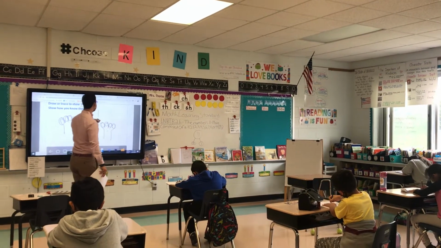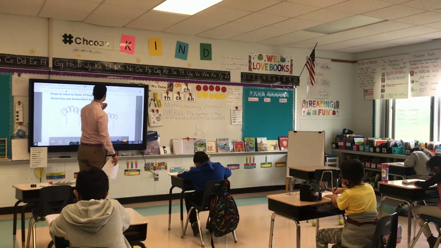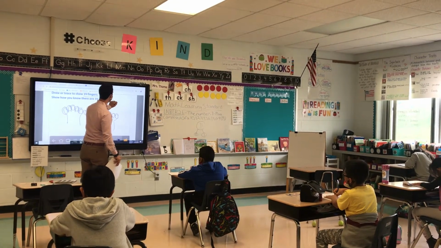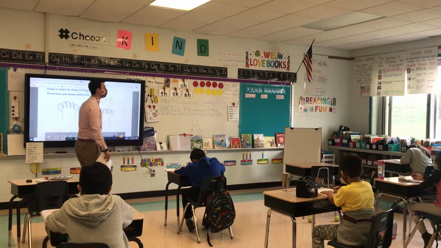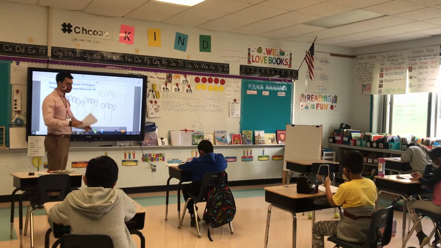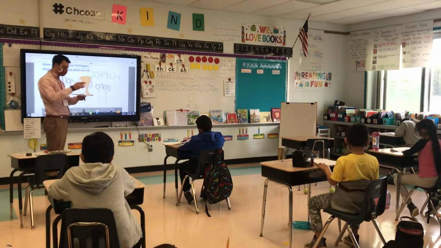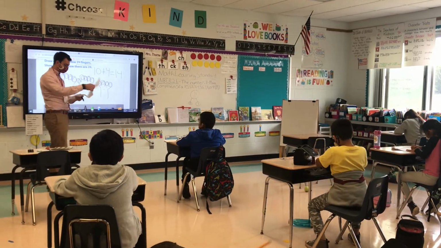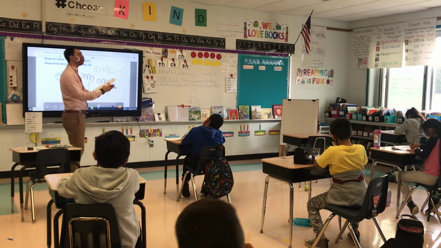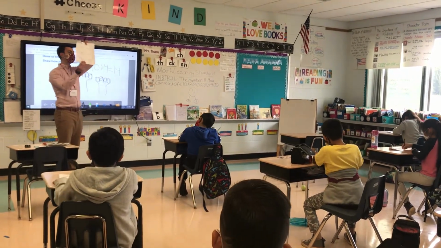And the way you would write it, 10 plus a 4 equals 14. You guys are just amazing. Okay. When you're done, you may please flip to the next page.